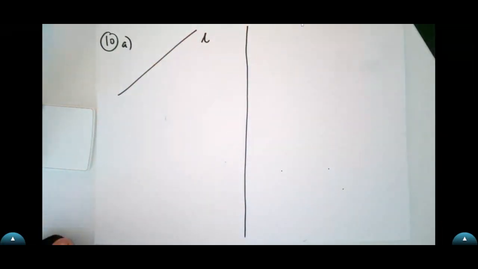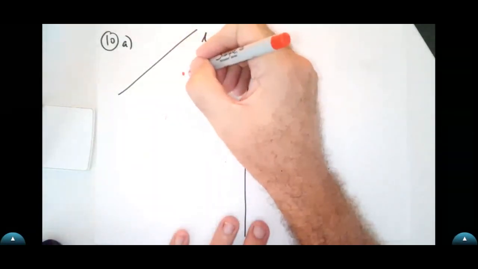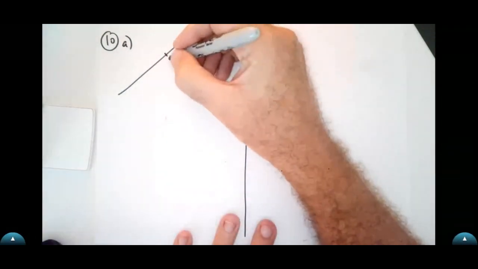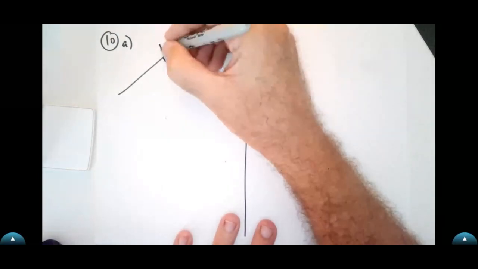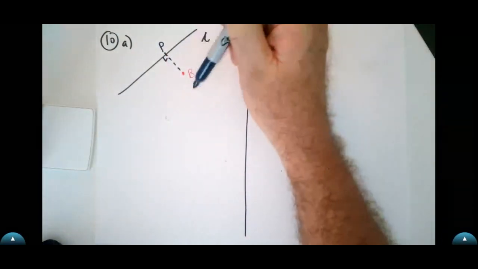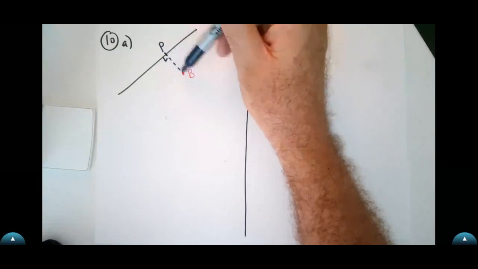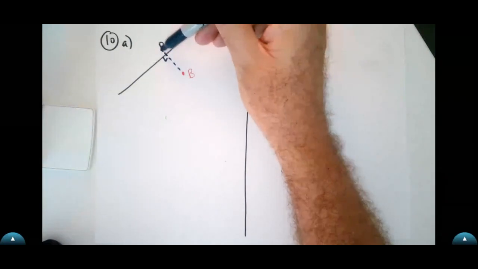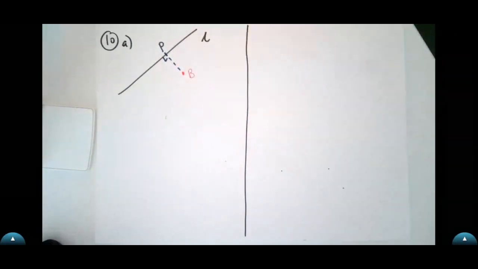And I've got a point, let's say it's here. And what I would like to do is calculate that perpendicular distance. It's a little line segment, and I don't know where P is, but that's what I want to compute.